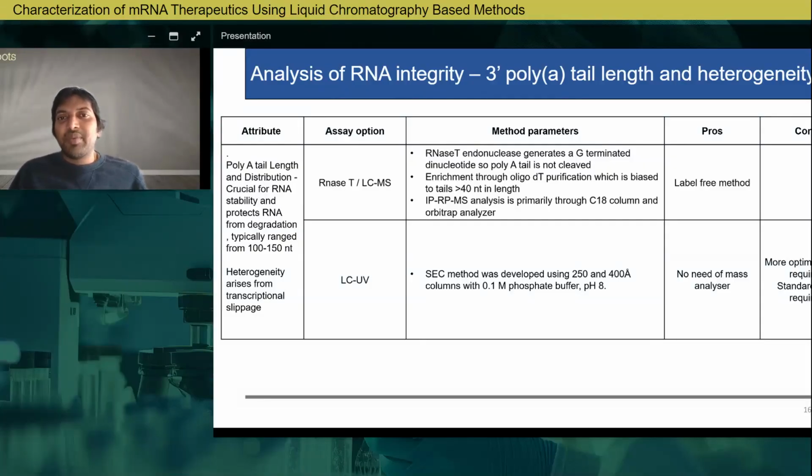People have developed methods with SEC, testing 250 to 400 Angstrom columns with a 0.1 phosphate buffer, and you might need more optimization because you might require standards to establish this method. Right now it's pretty easy for poly A. More methods are being developed, but right now we have these two methods available.